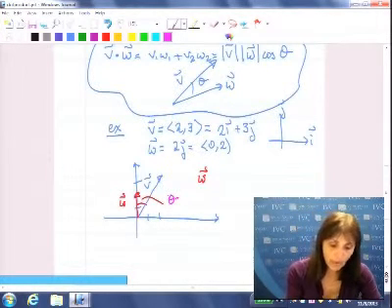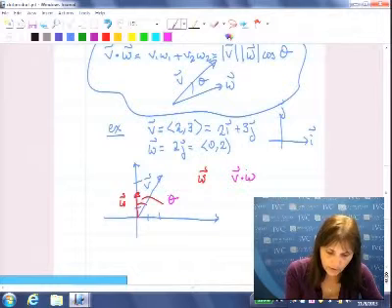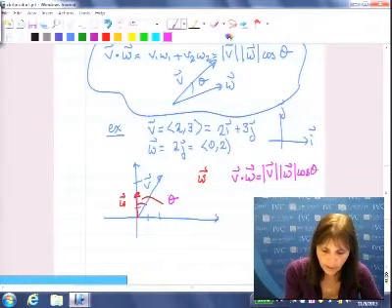So let's pull this out from this equation. I know that V dot W is simply the magnitudes times cosine theta.